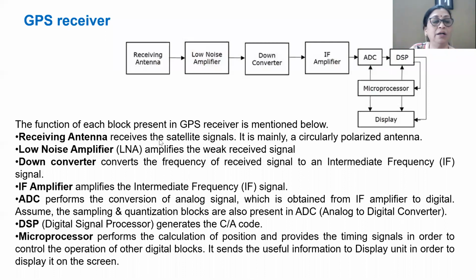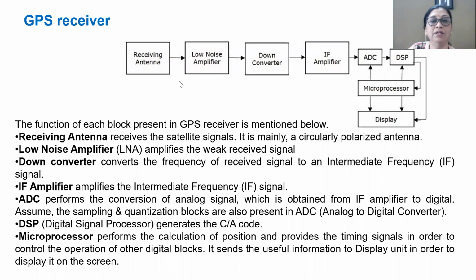Okay, the antennas which are used in the GPS system are circularly polarized antennas, which means their electrical polarization is in a circular fashion. Such types of antennas are called circularly polarized antennas, and they are used for receiving.